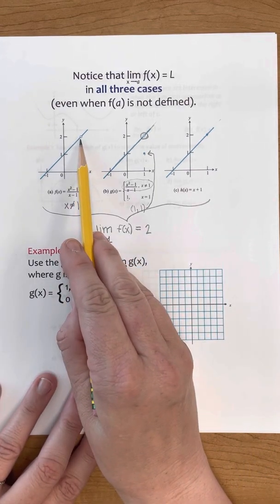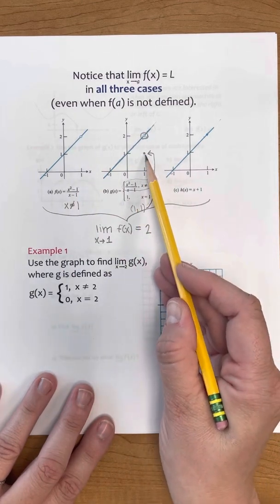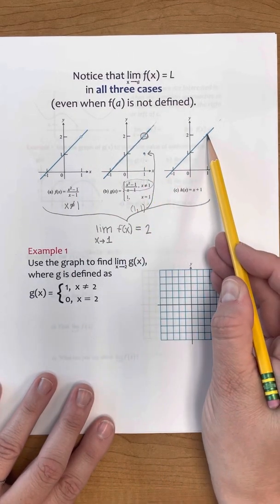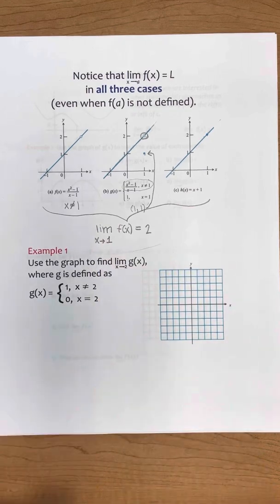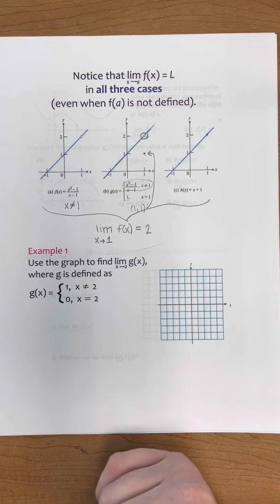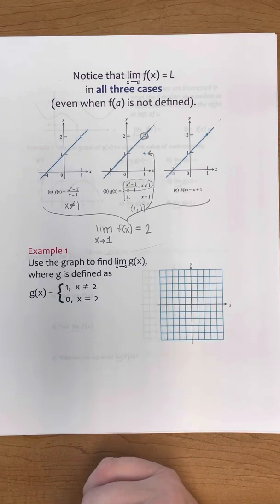Here, it didn't even exist. Here we had a hole, but we had a point down here, and here the hole was filled in. But they would all give us that same value. So whether or not the point exists isn't the question. We are just trying to figure out what y value we are getting close to.